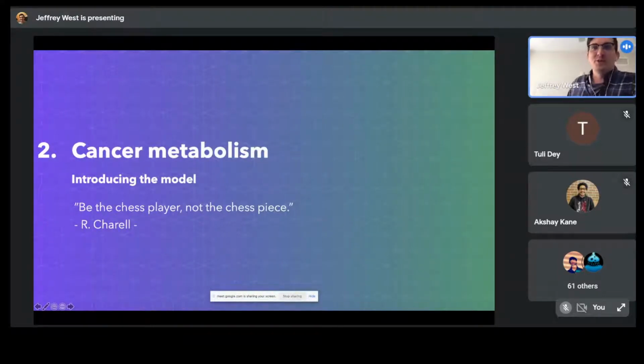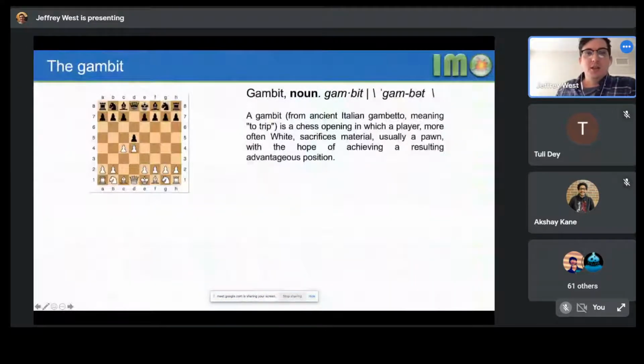So I'm going to explain this cancer model in the context of a chess gambit. For those of you that don't know, a gambit is essentially a chess technique where you sacrifice one of your pieces, typically a pawn, with the hope of achieving a resulting advantageous position.